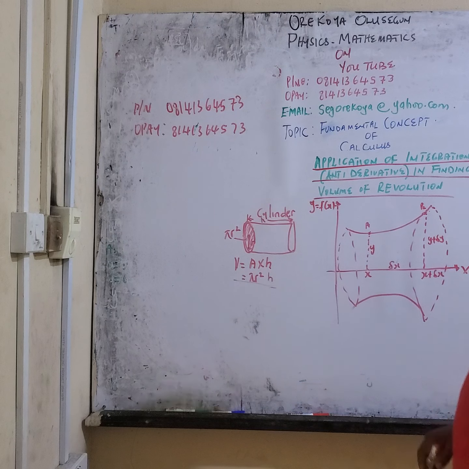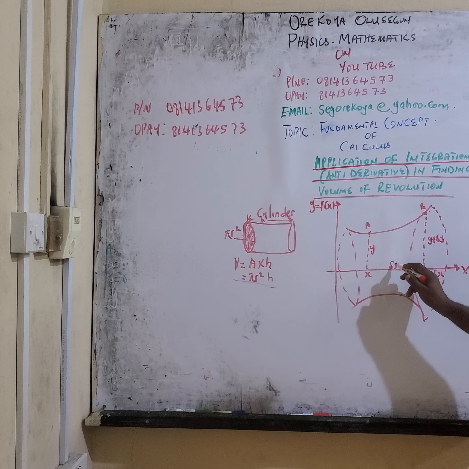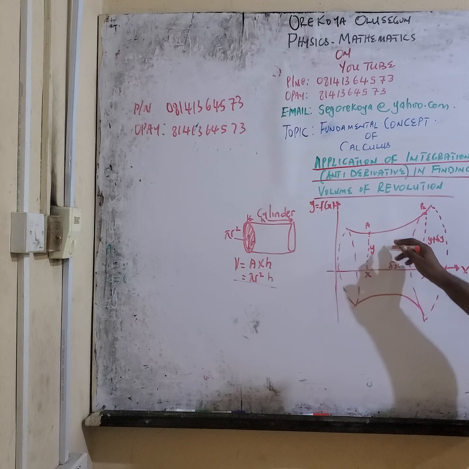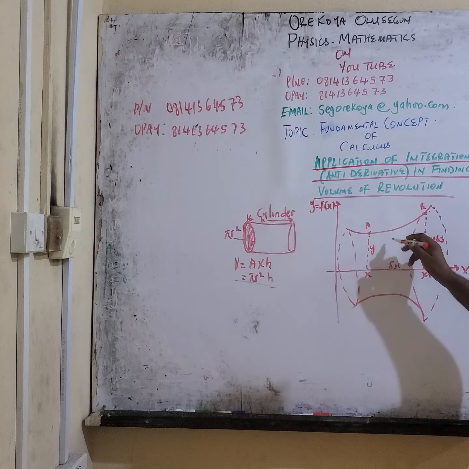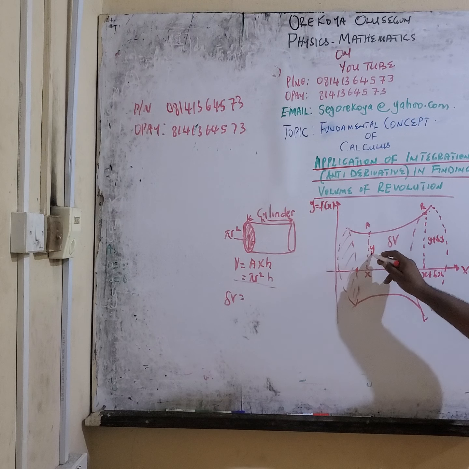The same way with this volume of revolution. Because this quantity delta x is very small, the volume of this shape is just delta v. So using this analogy, I have delta v. The circular part of this shape is the base, and the radius will be y.